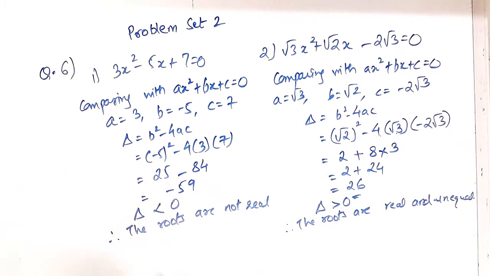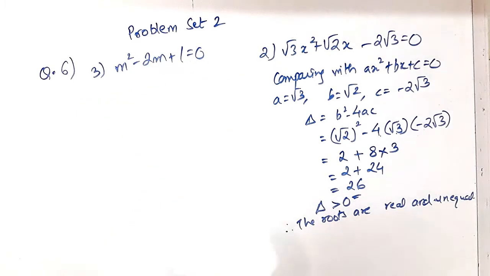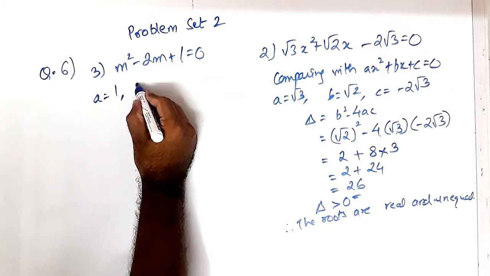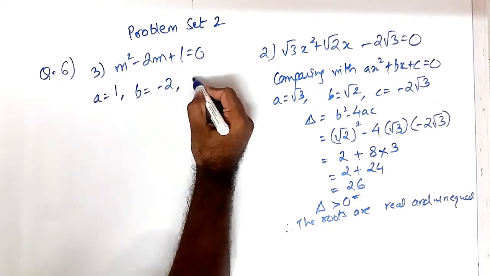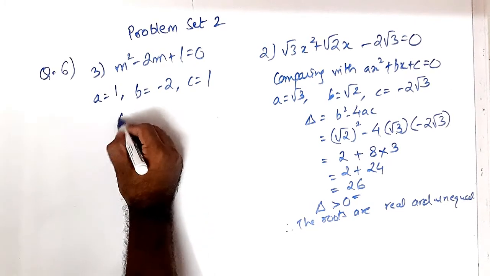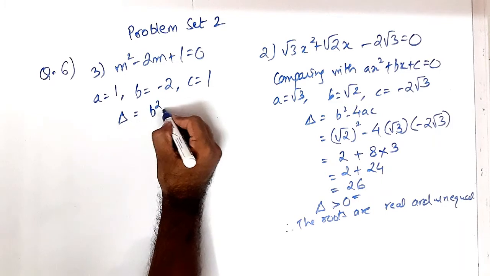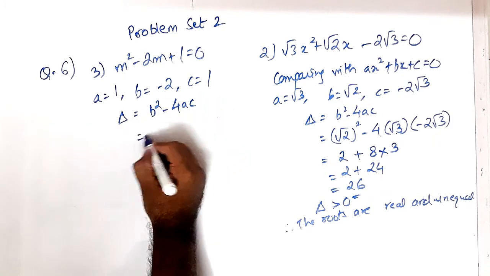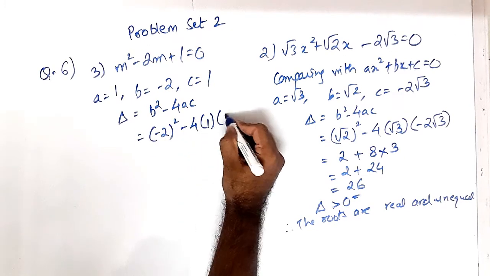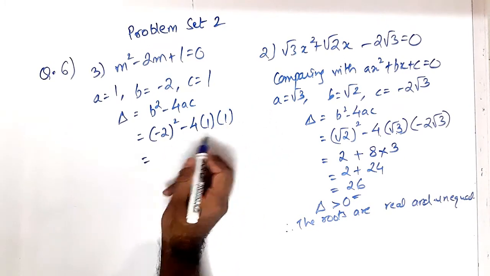That's it. Let us come to the third one. The third one is m square minus 2m plus 1 equals 0, and I'm straight away writing a equals 1, b equals minus 2 and c equals 1. Now the value of the discriminant is b square minus 4ac, which is minus 2 square minus 4 into 1 into c.